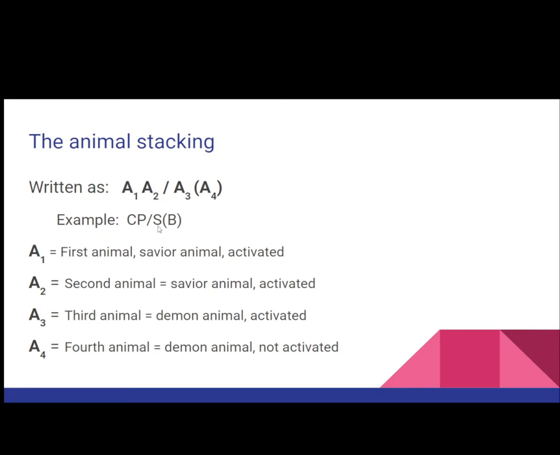The third animal is sleep. Sleep is a demon animal, meaning that they're less inclined to want to organize and narrow down for oneself. However, it's still activated. So they can still access the sleep animal a fair amount, even if it's not their preference.